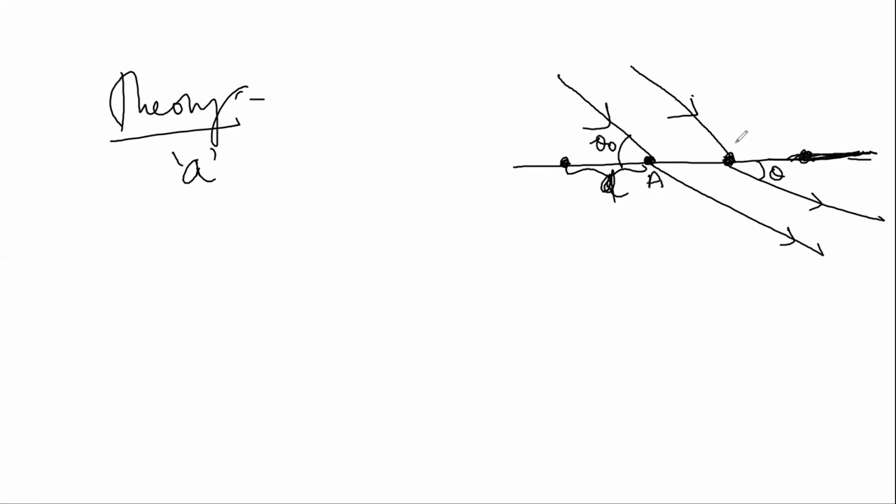Here my point is A, this is B. These are the diffraction centers of two atoms. Now I will draw perpendiculars onto the beams. Let this be M and this be N.